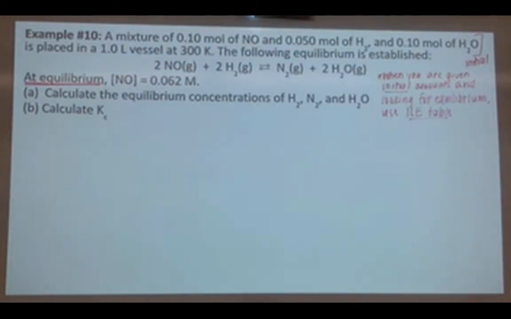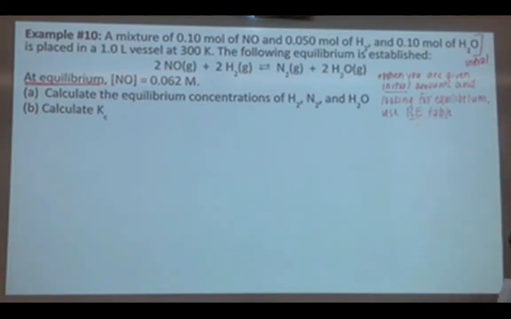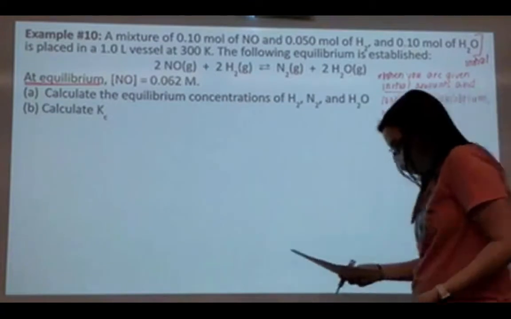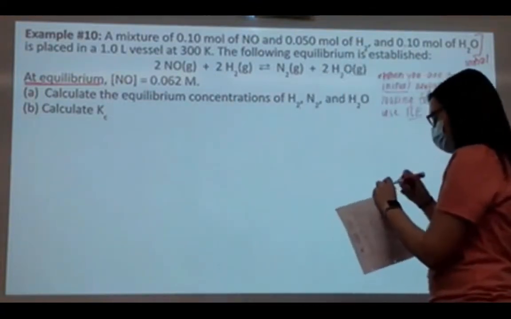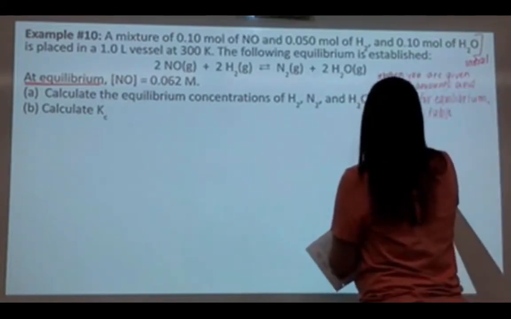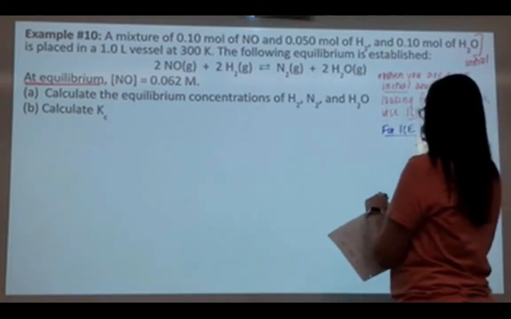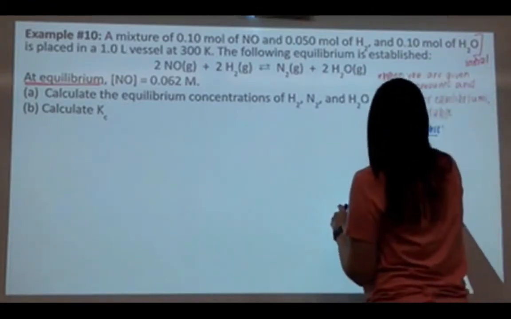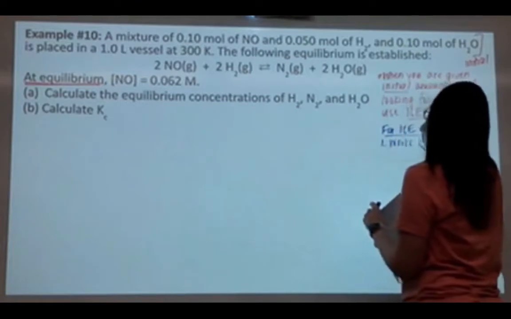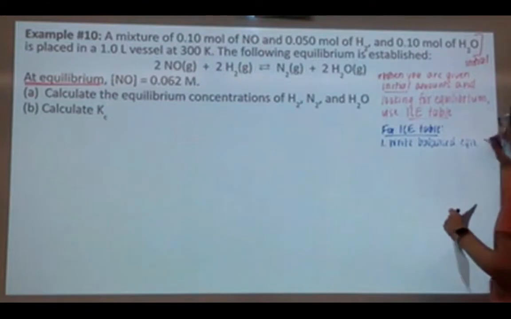We're going to set up an ice table. We're going to look at what it looks like. ICE stands for initial, change, and equilibrium. Sometimes I use a table kind of like this as I'm looking at stoichiometry. So for an ice table, just kind of the steps for an ice table. 1, you need a balanced equation. Now, will they typically give you the balanced equation? Yes.